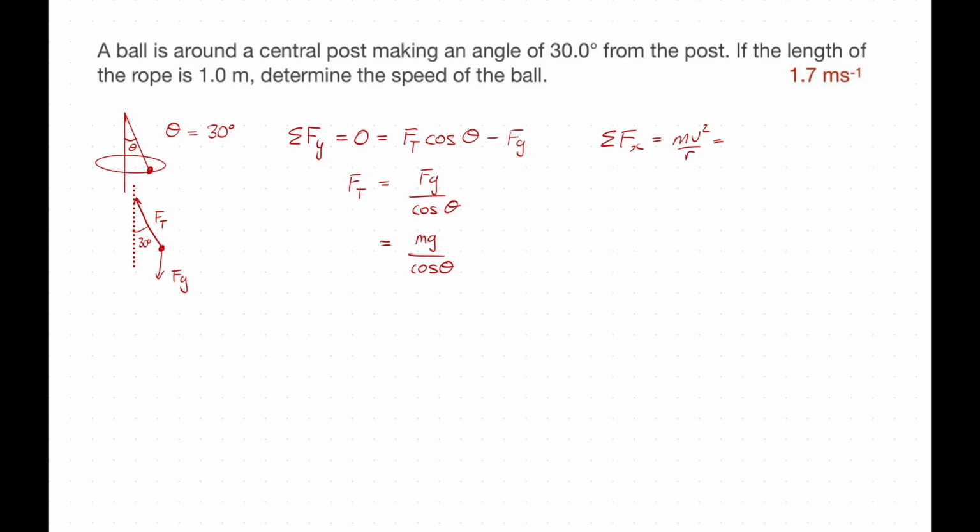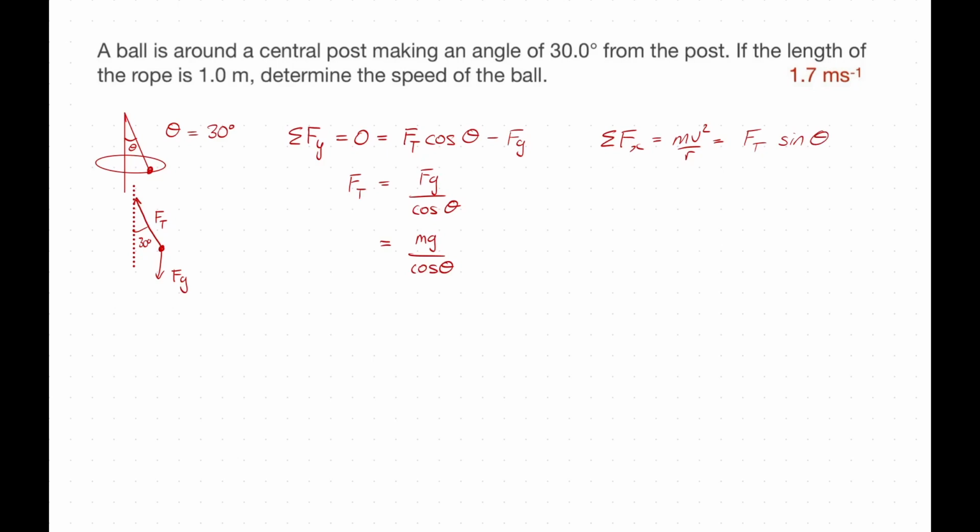Ft, right? The force of the tension is the only one that is pointing towards the center, but it's not all of it. There is only a portion of it, and that is the sine of 30 in this regard. So it's going to be Ft sine of theta.